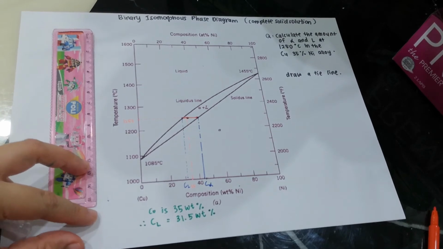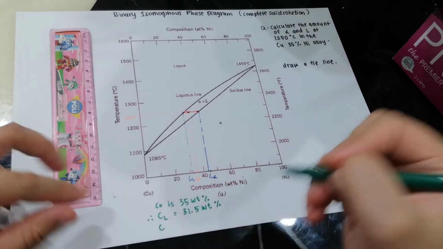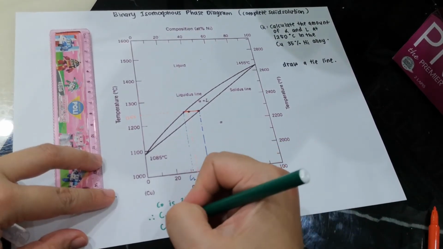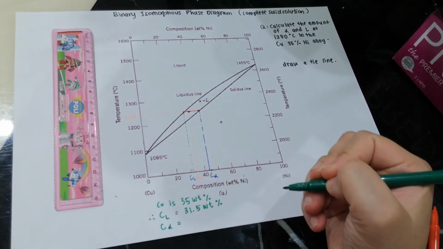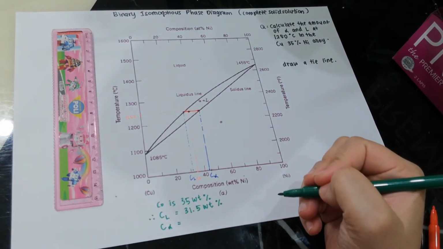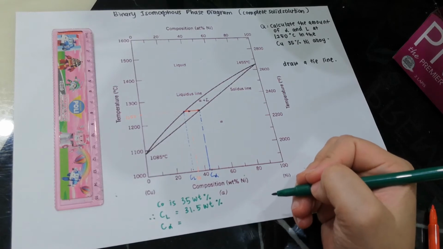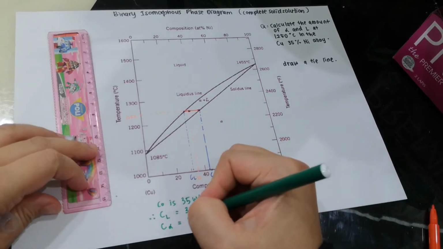And the C alpha we get, if you draw it in a scale diagram, you can have this reading. C alpha is 42.5 weight%.